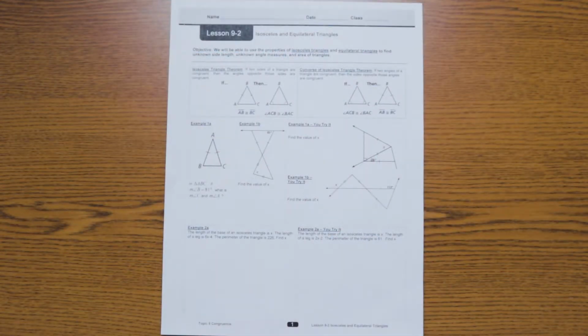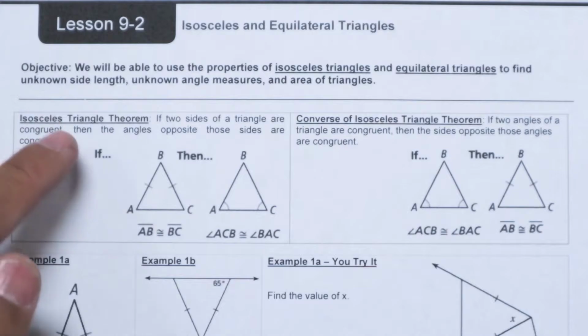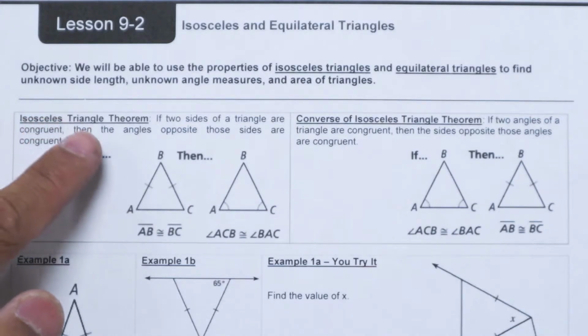In lesson 9-2, the title is Isosceles and Equilateral Triangles. We're going to take a look at some properties of isosceles triangles first, and we're going to apply the properties to solve problems involving isosceles triangles. The first thing that you need to know is the isosceles triangle theorem.